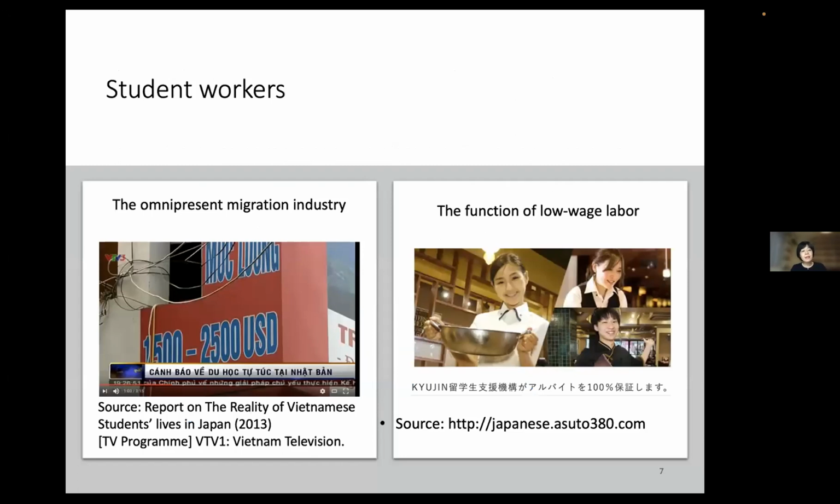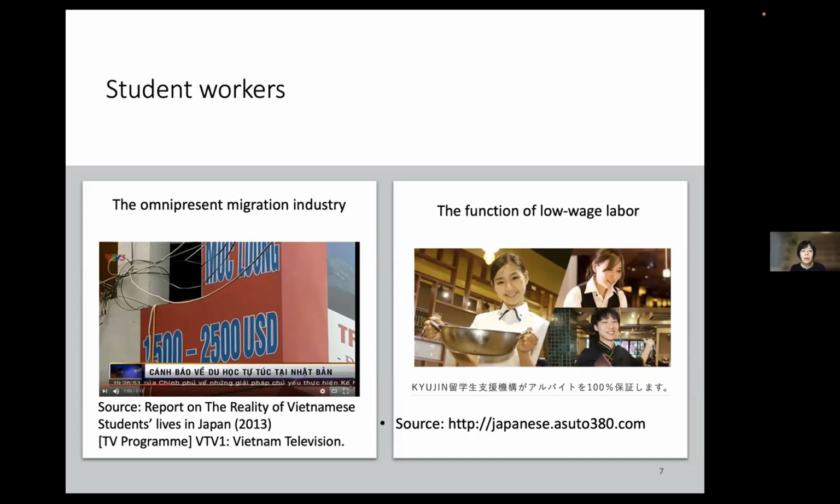The third phase that I want to introduce here is student workers. I mentioned that the migration industry is omnipresent, and they are a huge driver of student migration. This is again related to the language issue. As you understand, language academies are often not considered tertiary education, and language is oftentimes the very basic requirement to access an education.